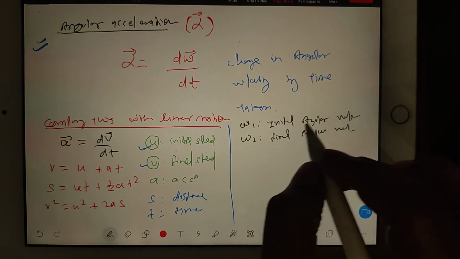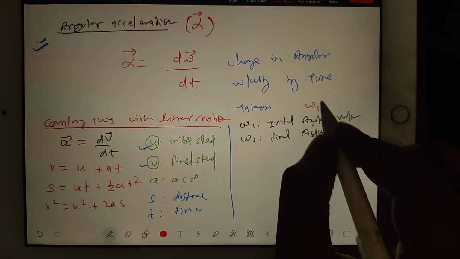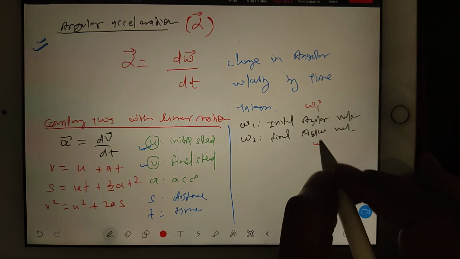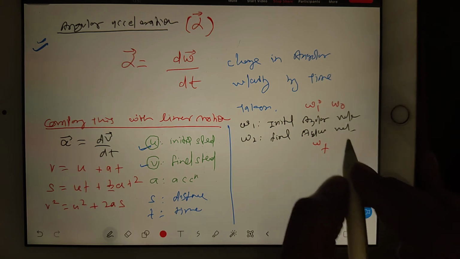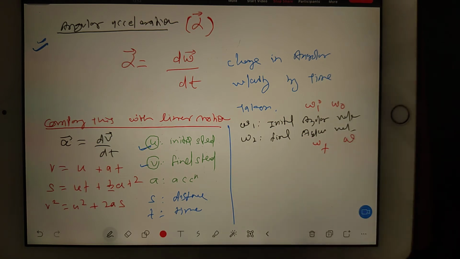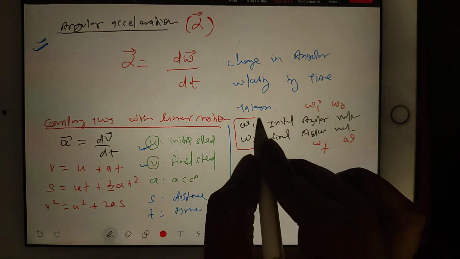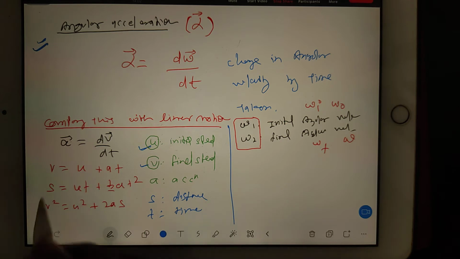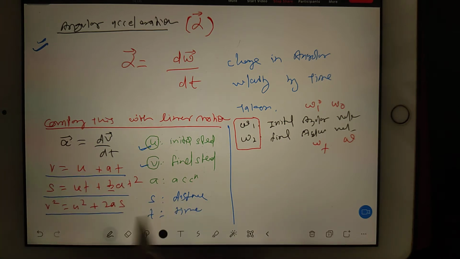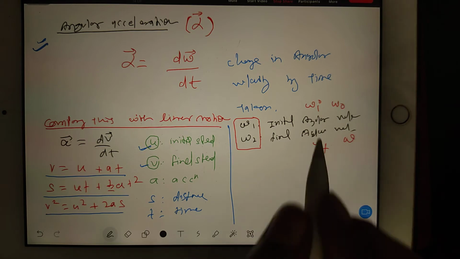Some teachers write omega i for initial and omega f for final. Some write omega naught for initial and omega for final. We are going to follow 1 and 2 because it is more usual. So according to this formula, exactly we are going to write down our rotational velocity equation.